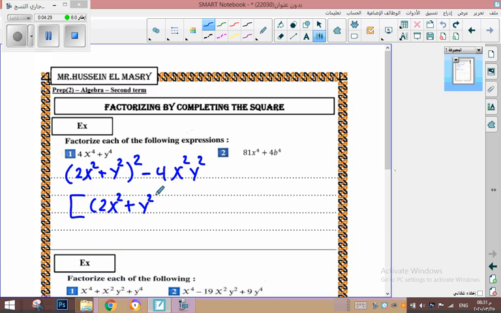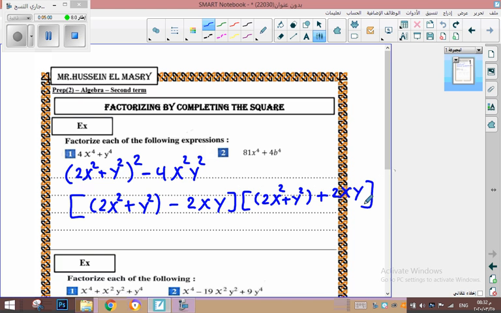Minus the root of the second term, 2xy. And I will repeat this bracket for the second time like that, 2x squared plus y squared plus 2xy.